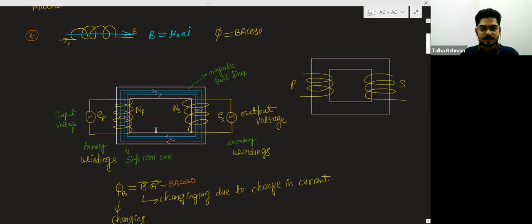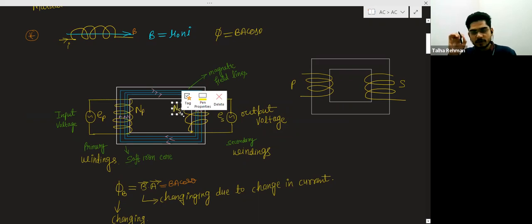The number of turns in the primary winding is NP, and in the secondary winding, we are getting some output voltage by the action of mutual induction. NS represents the number of turns in the secondary winding.